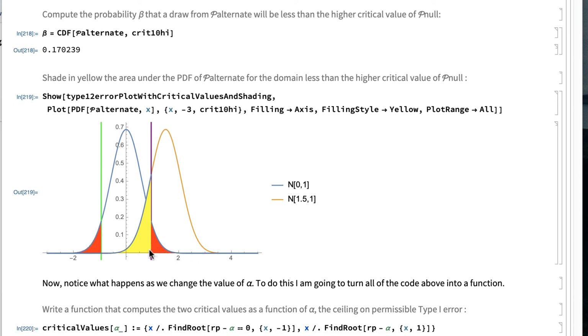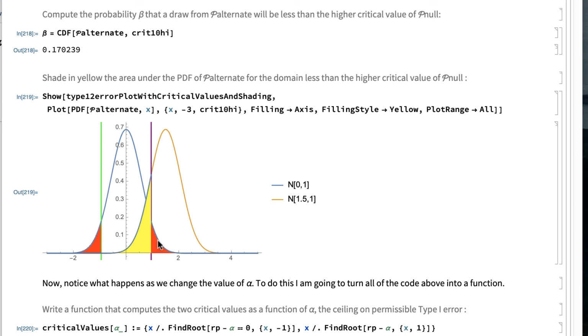That's the probability that if the alternative hypothesis is true, we're going to reject it. You can see perhaps that the tougher I am on my alpha level, if I say I want it to be smaller than 0.1, that's going to swing the purple line over to the right and the green line over to the left.